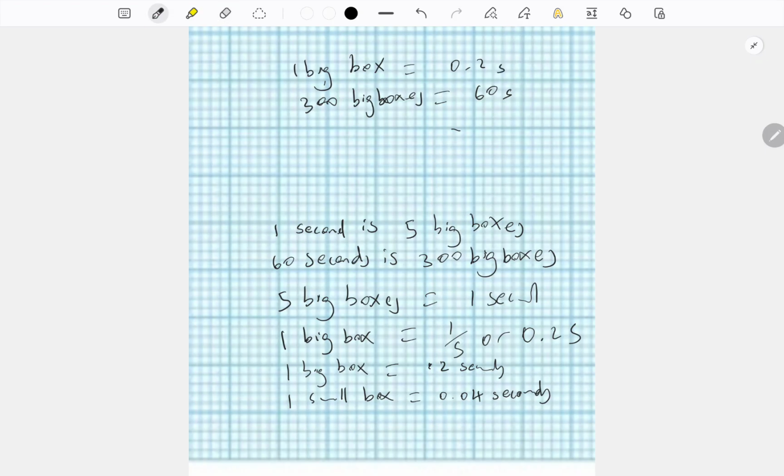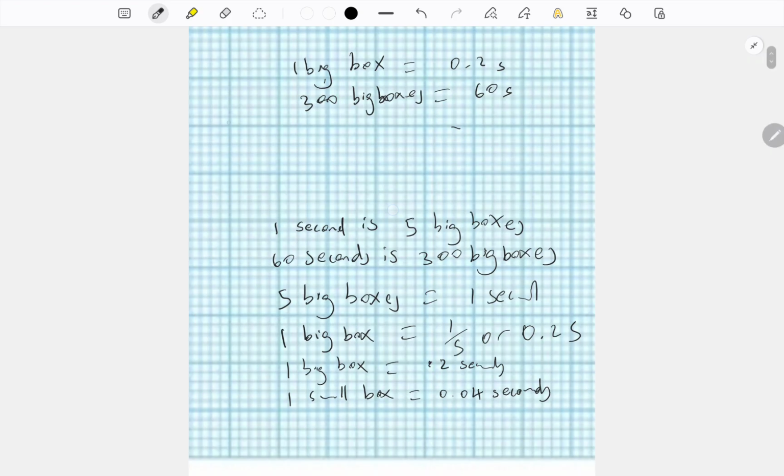So what if we wanted to convert this into small boxes? Basically you would multiply the big boxes by 5, because you have 5 tiny boxes in each big box. So it would be 1500 small boxes equals 60 seconds also.